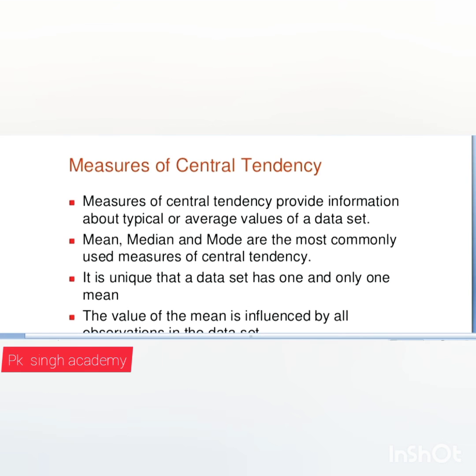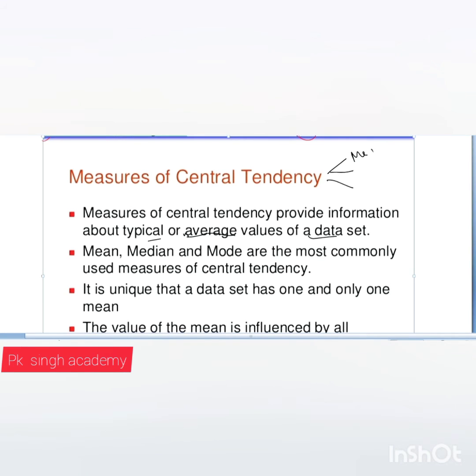Now we will see the measures of central tendency. What are the measures of central tendency? They provide information about the typical or the average value of the data set. Central tendency has three roots, that is mean, median, and mode.